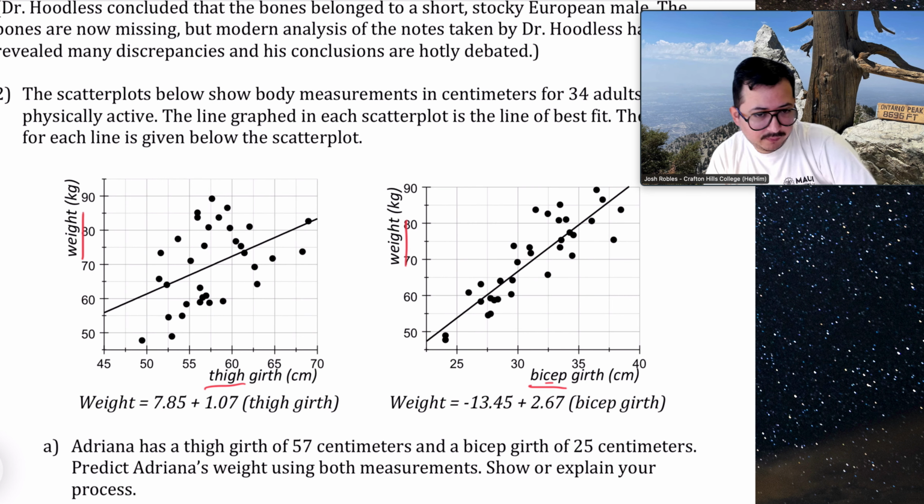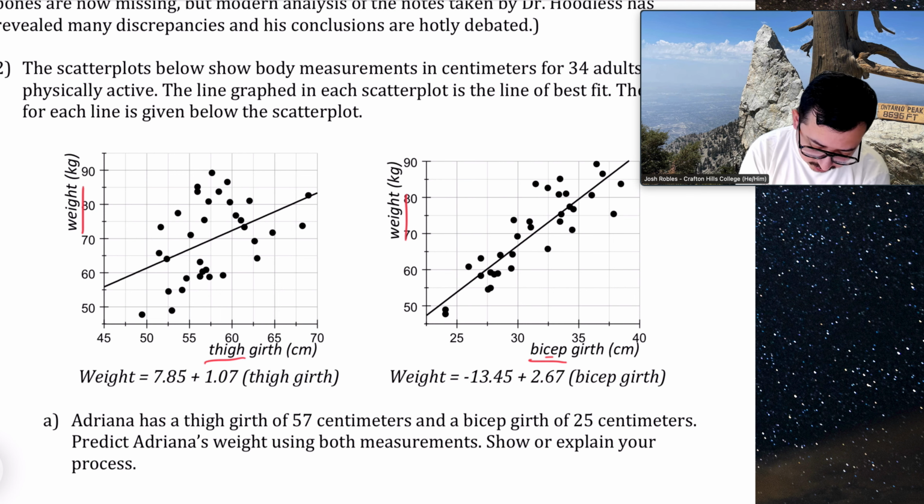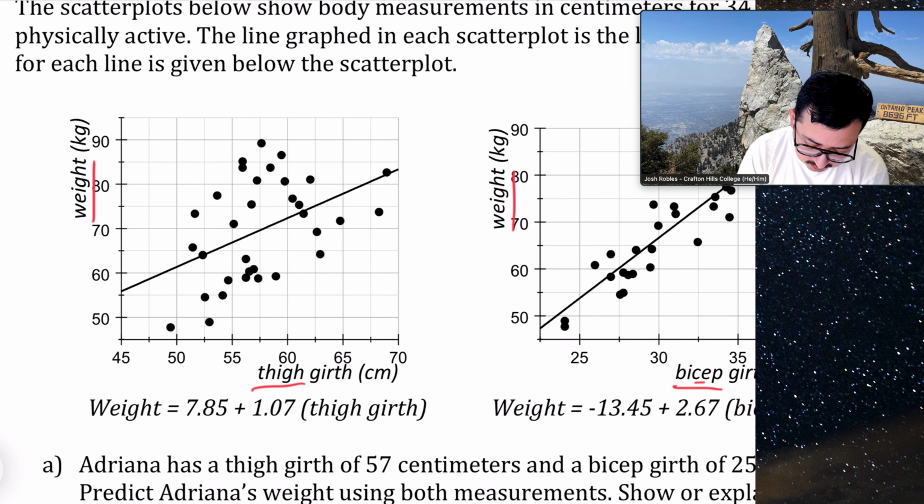So these are the same 34 people, so the weights are the same, two different measurements, and so the context of the question is which one is better. So Adriana has a thigh girth of 57 centimeters, which would put her visually somewhere right around here.